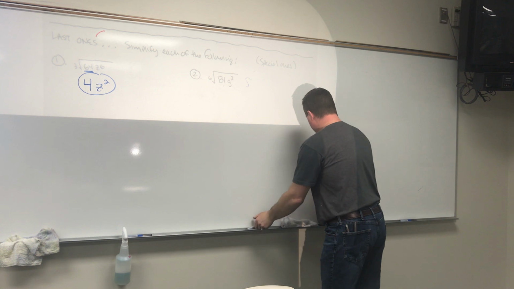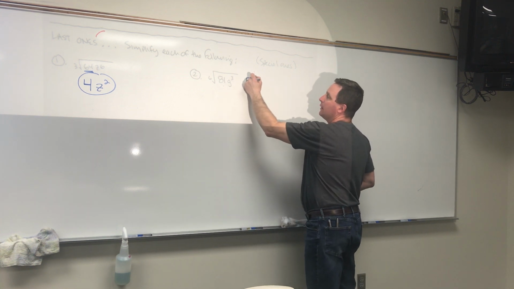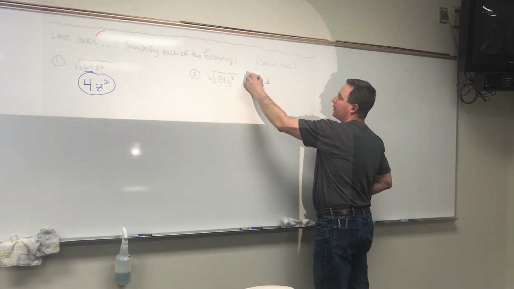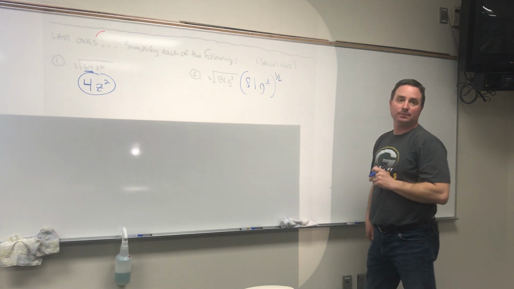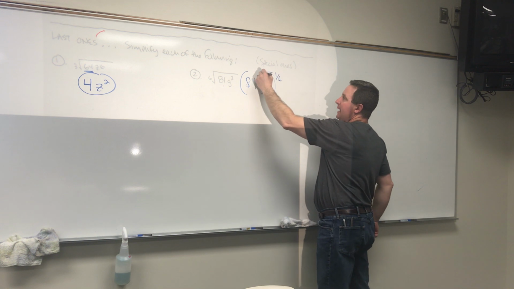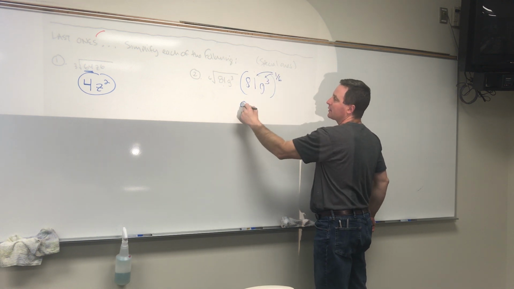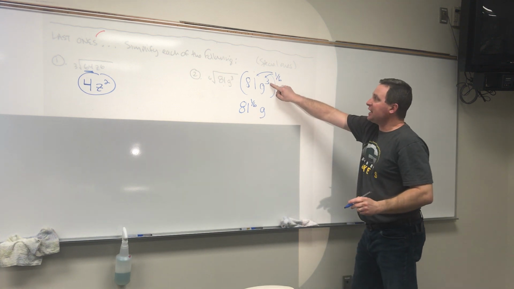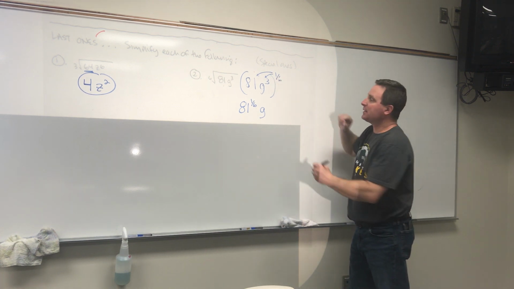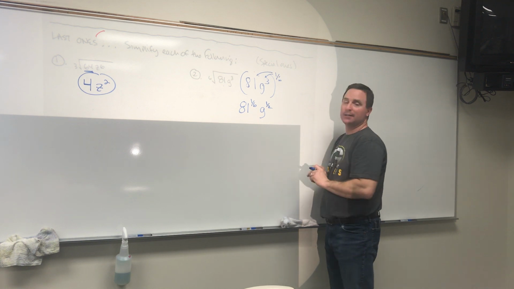It would be 81g to the 3rd, all raised to the 1/6 power. If I do this, it's going to be 81 to the 1/6, and then g to the 3/6. Well, 3/6 is 1/2. I'm going to simplify it.